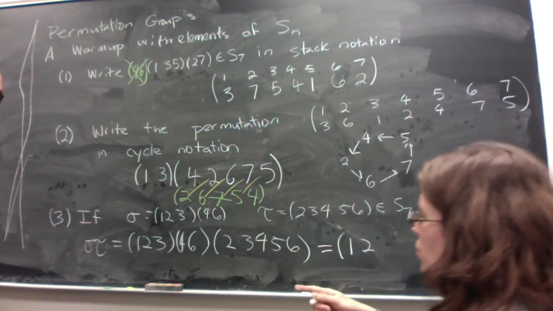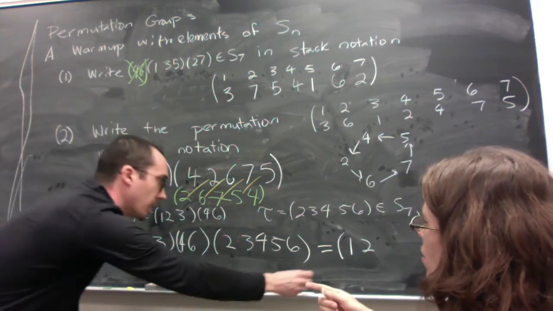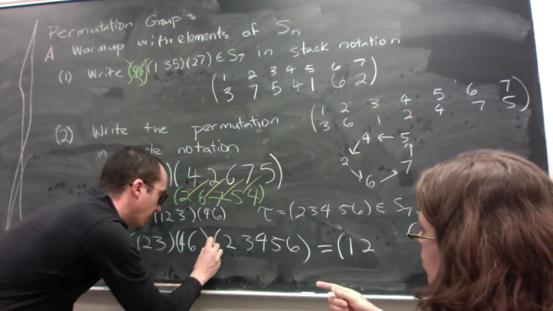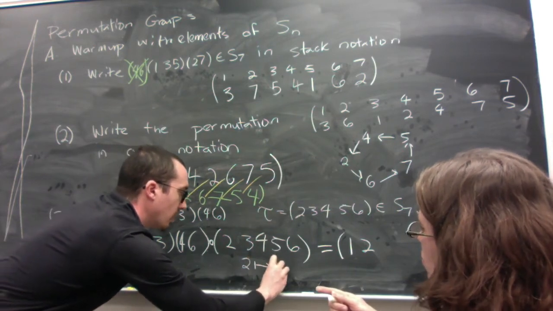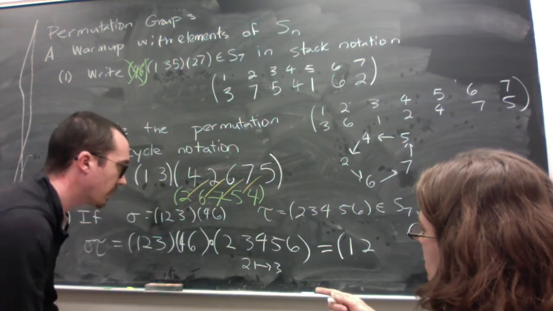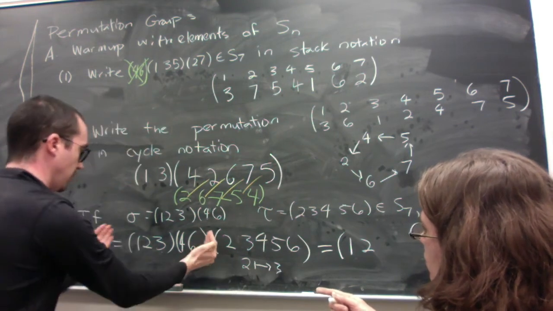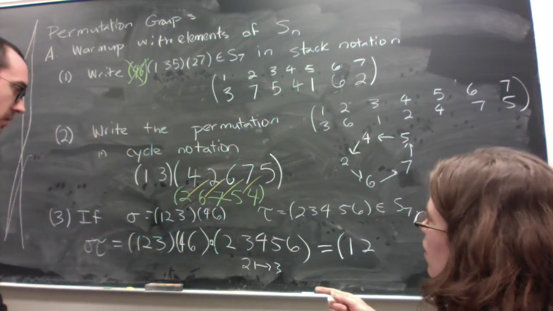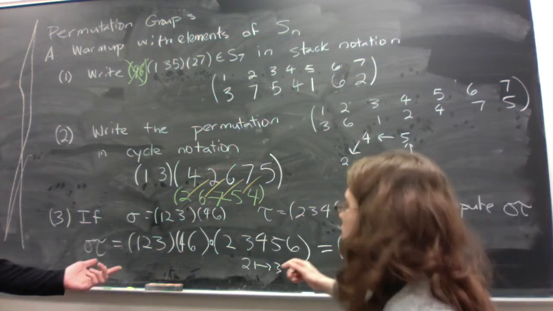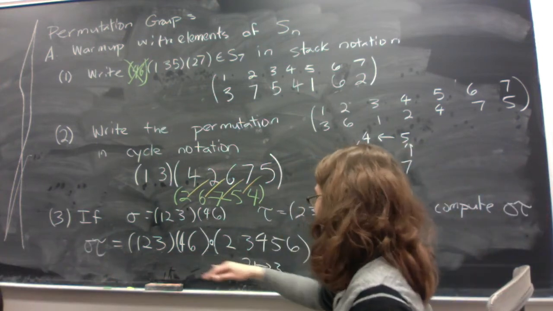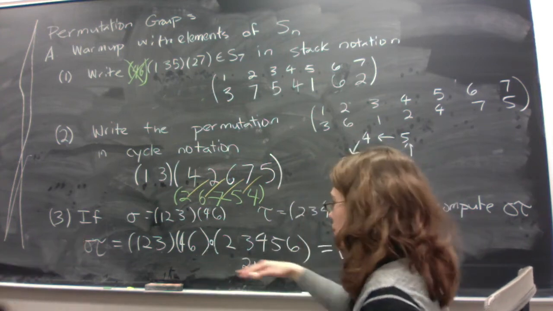Wait, what did you just do? Well, I was thinking of this as a function composition. Here, 2 went to 3, and so now I'm plugging 3 into this other permutation, sigma. I want to know what sigma of 3 is. Gotcha. If I apply (4 6) to 3 as a function, nothing happens.